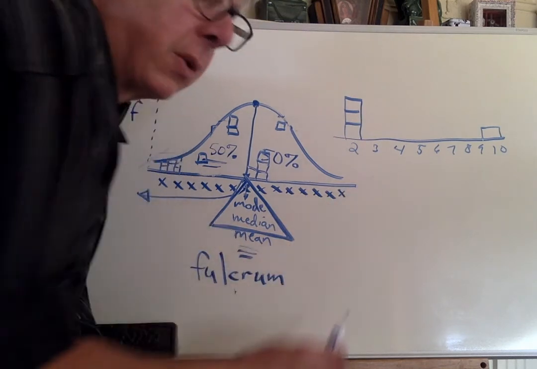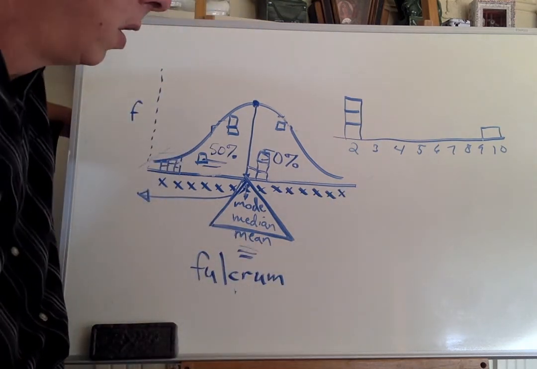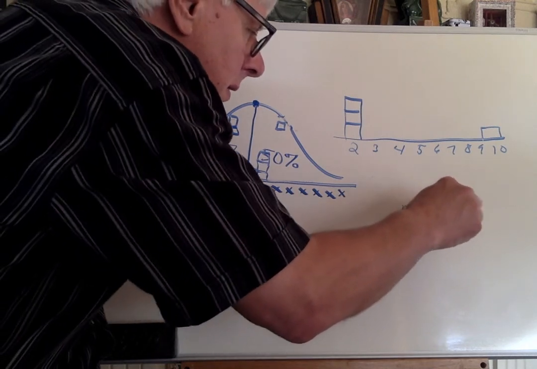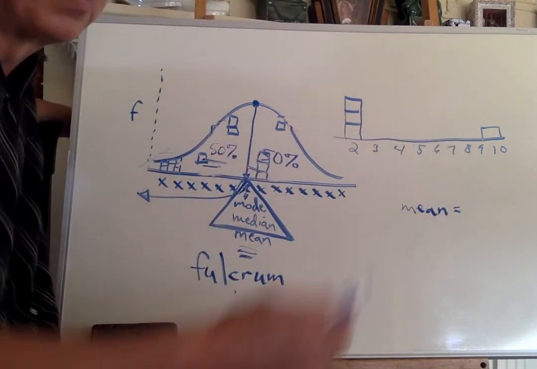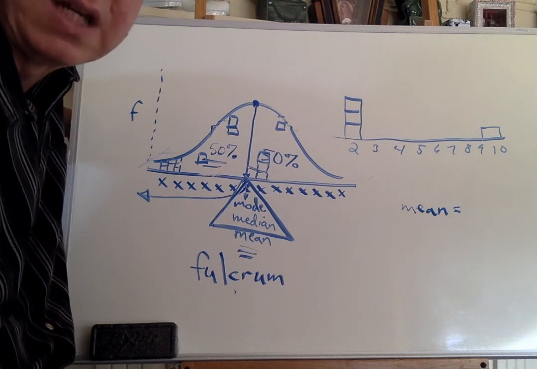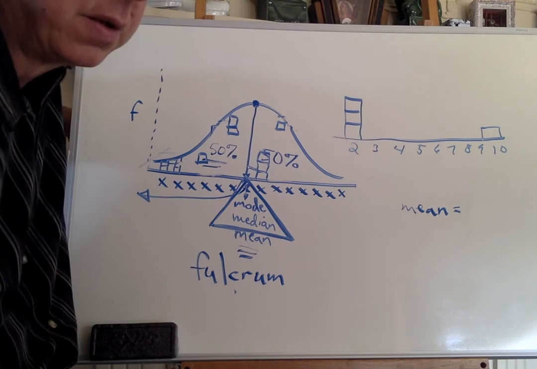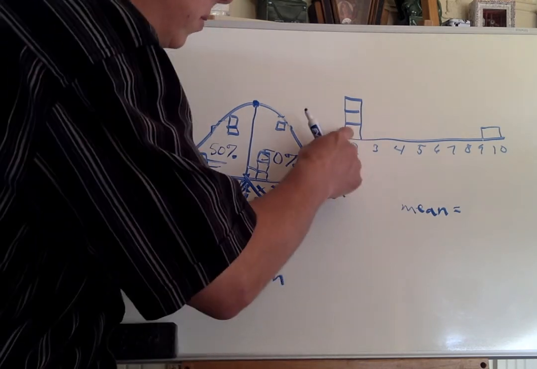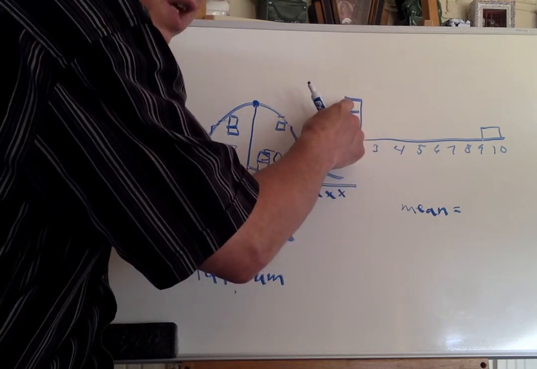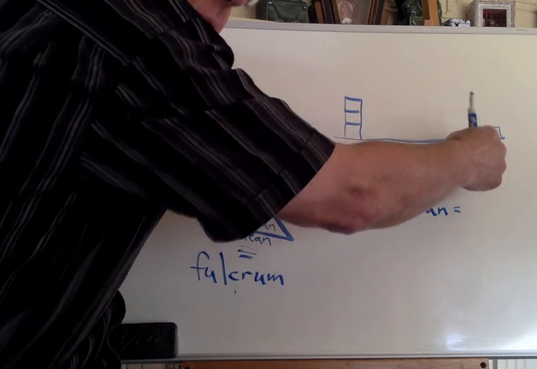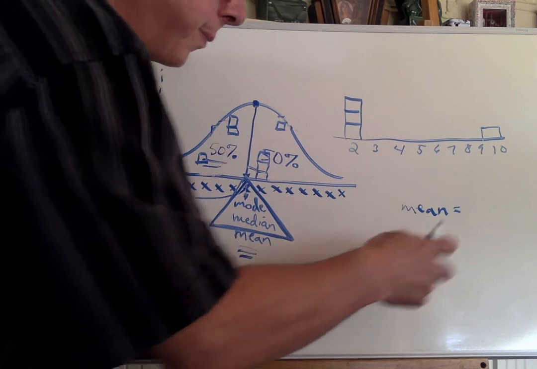Our n here is equal to 4, right? What is the mean for this group of 4 scores? What is the mean? Everybody got it? 2 plus 2 plus 2 is 6, plus 10 is 16, divided by 4.